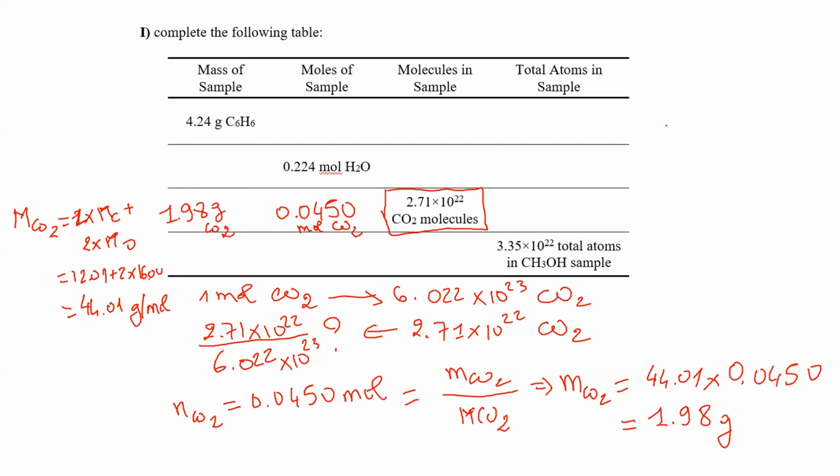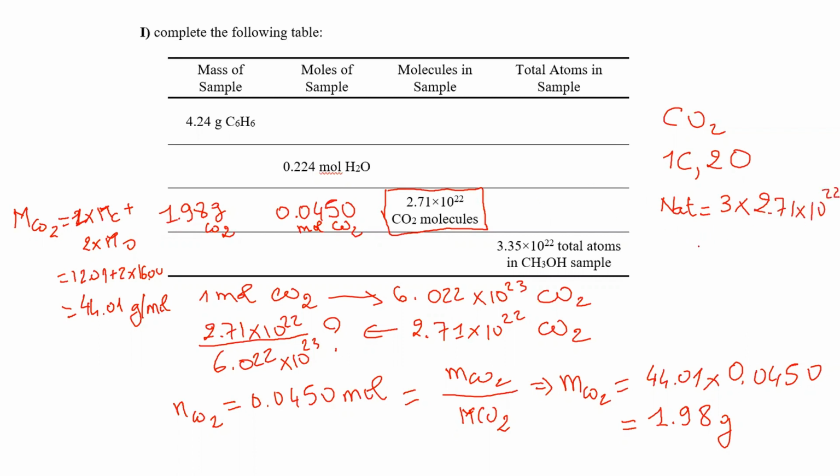Now, in CO2, we have 1 carbon atom and 2 oxygen atoms. So the number of total atoms will be equal to 3, 1 and 2, times 2.71 10 to the power 22.